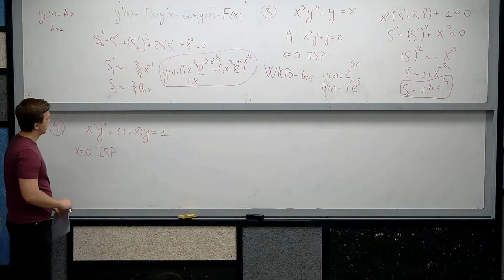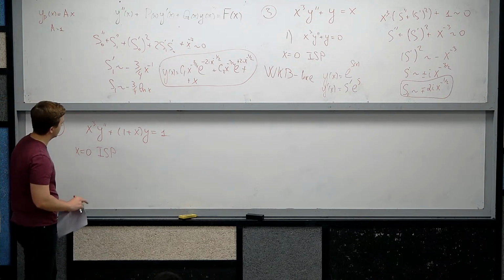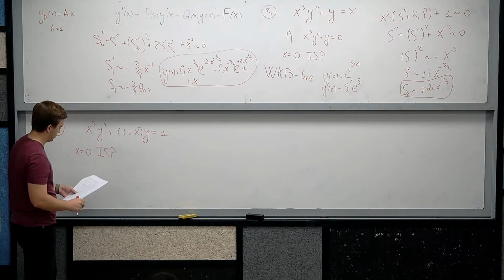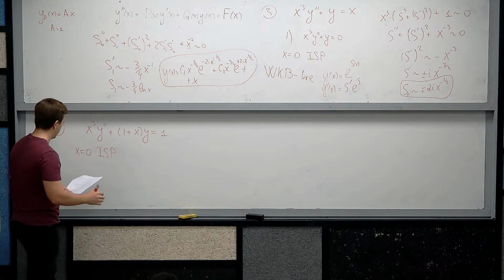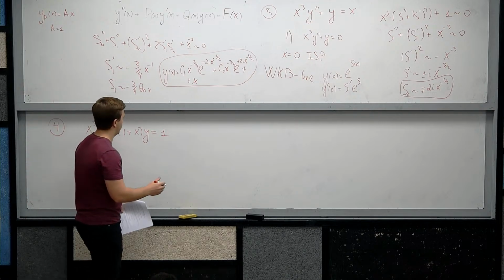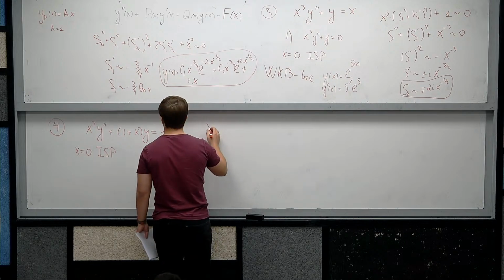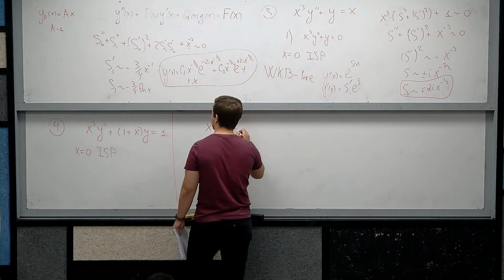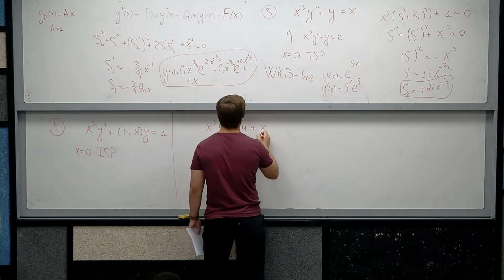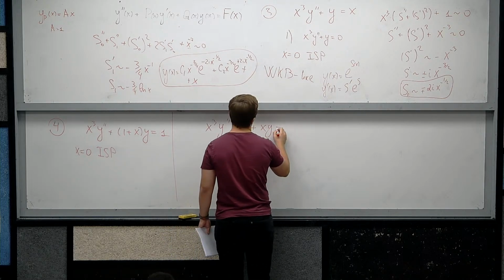Okay, so let's solve the homogeneous problem firstly. For the homogeneous problem, we have x cubed y double prime plus y prime plus x y equals 0.